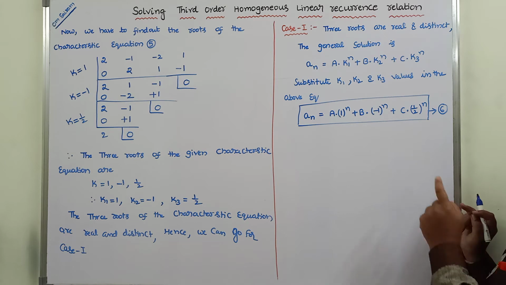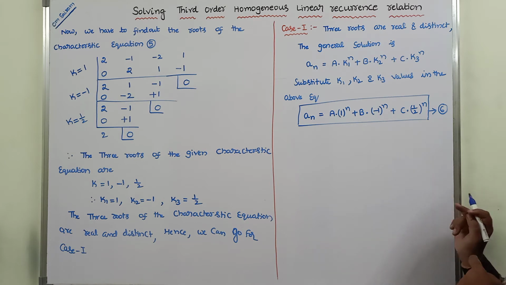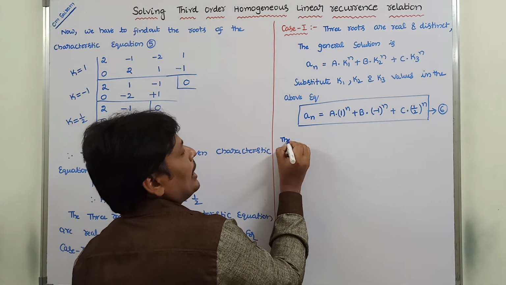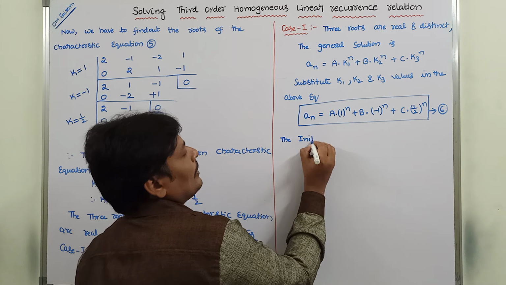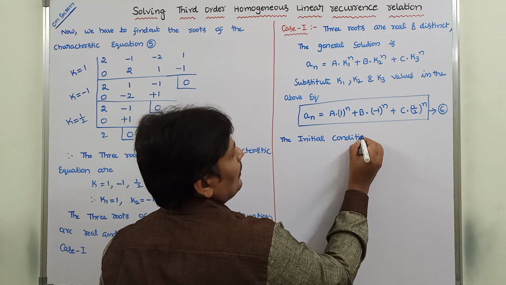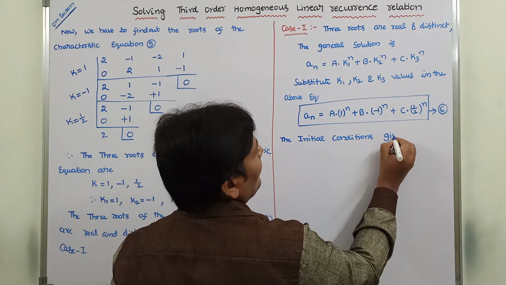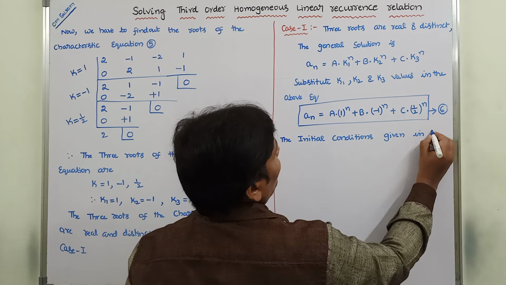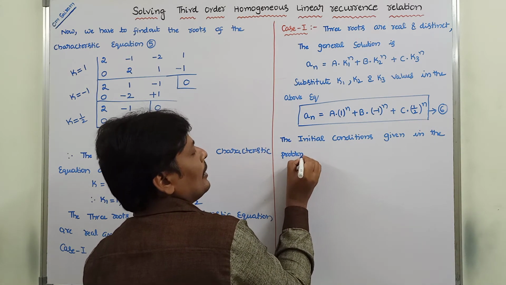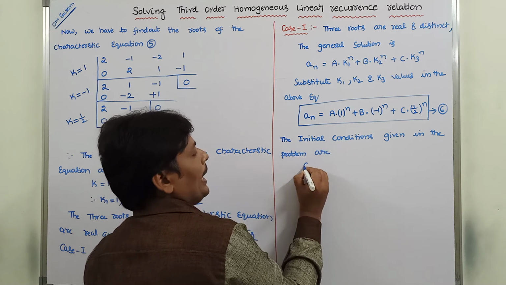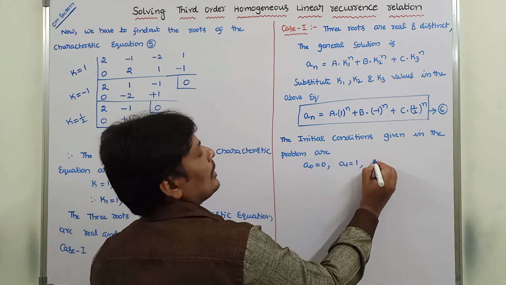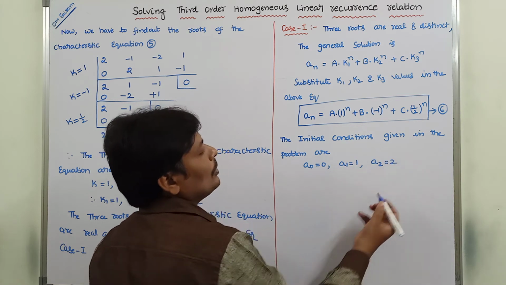For that one we have to use the initial conditions. What are the initial conditions? So the initial conditions given in the problem are, so A0 is equal to 0, A1 is equal to 1 and A2 is equal to 2.